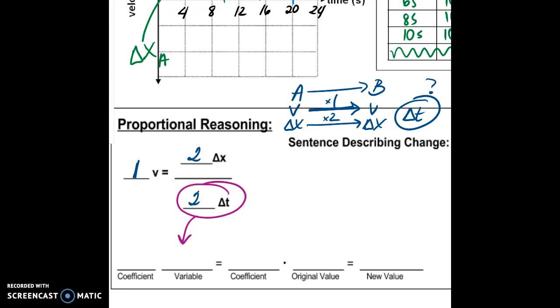Okay, so this is going to be our delta t. And the coefficient that comes with delta t is 2. The original value of delta t was 10 seconds. So we'll say 10 seconds. So 2 times 10 seconds is 20 seconds. So this is our new value. Okay, that is it.